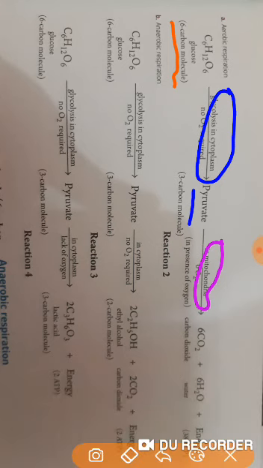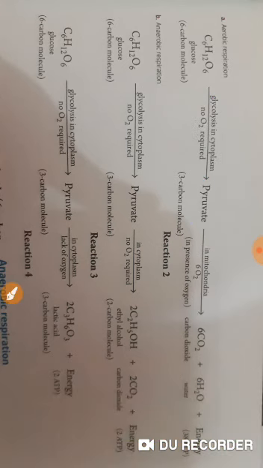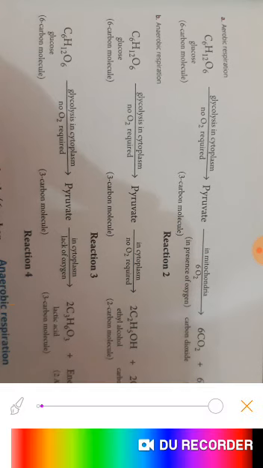Then, if we talk about anaerobic respiration, what happens? The same glucose molecule is there, a 6-carbon compound. We call it a 6-carbon compound because it is C6H12O6. Glycolysis in the cytoplasm. Again, there is no need of oxygen.